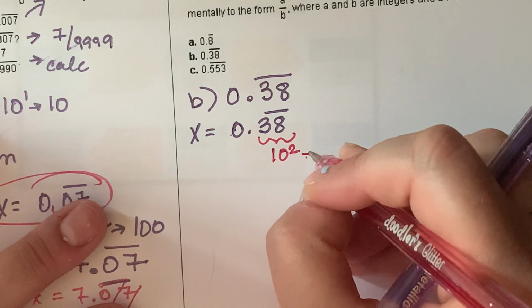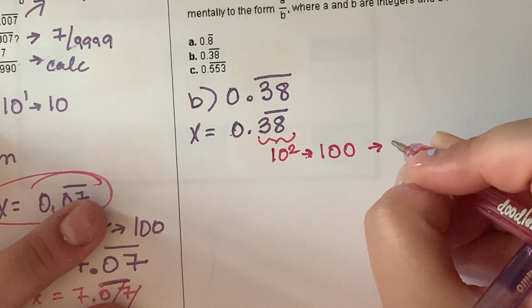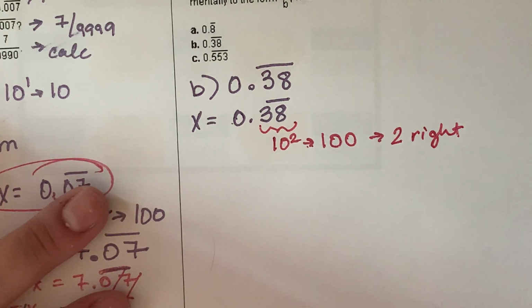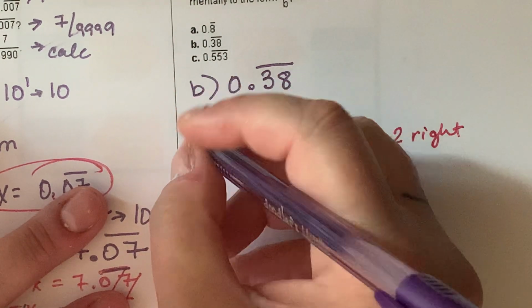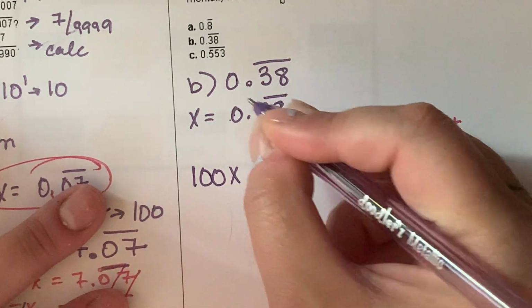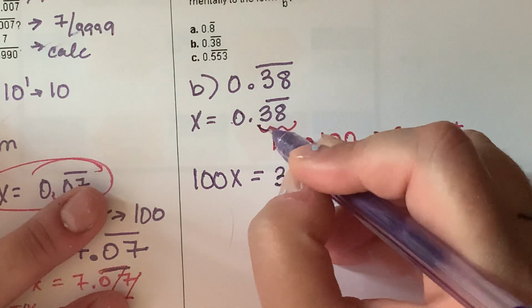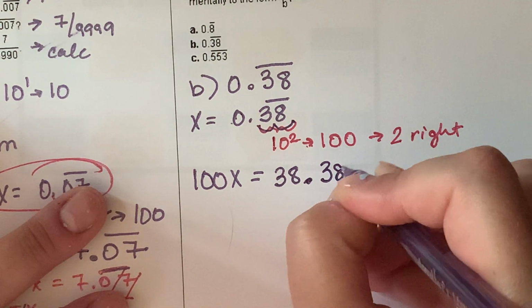So I'm going to multiply by 10 squared, or 100, or move the decimal twice to the right. So if I multiply both of these by 100, I get 100X. This times 100 is the 38, with the decimal now moved to the right, and then after that, a 38 that repeats.